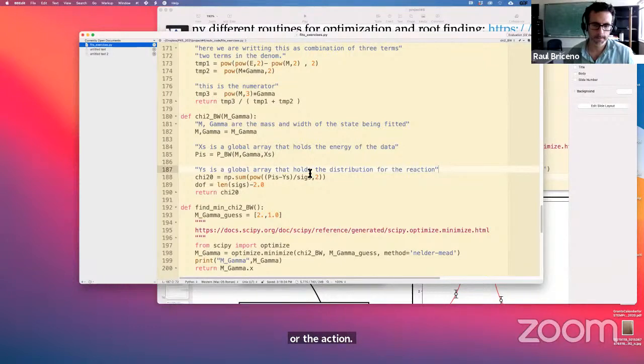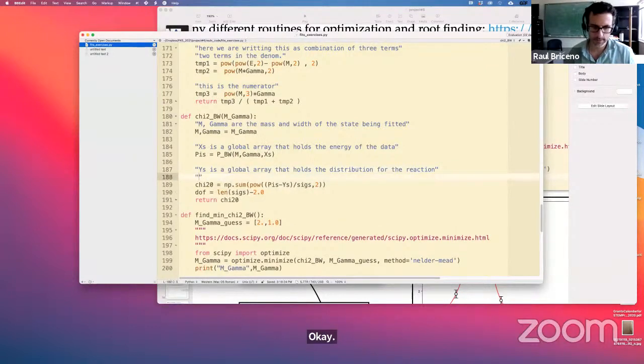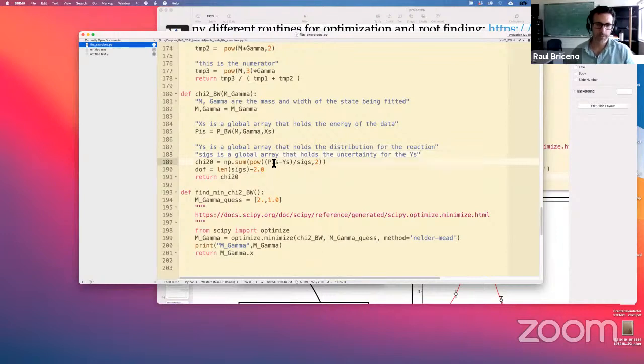Okay. And then SIGs is, again, a global array that holds the uncertainty for the y's. All right. And so now you see I have no for loop. I have the PIs, which I define over here, right?